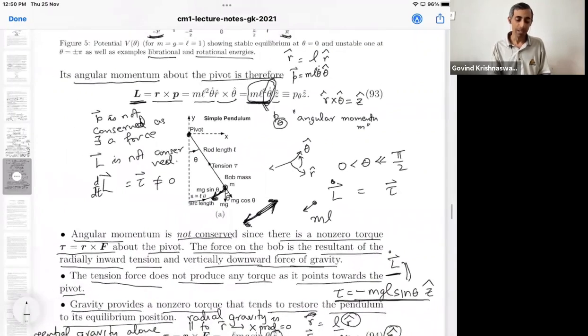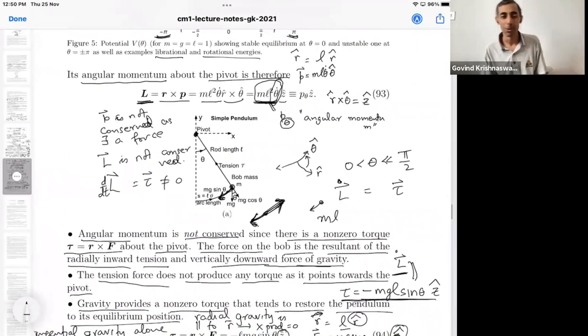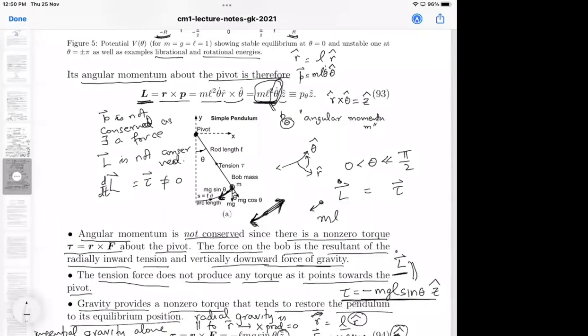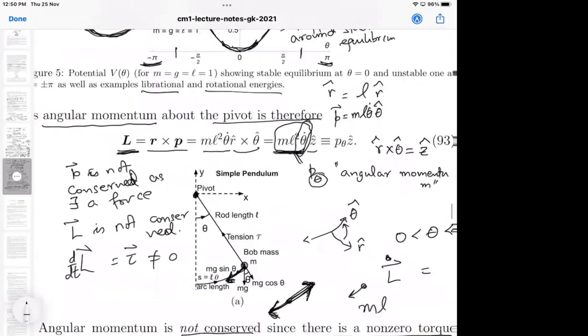Tell me, is there something I should still try to resolve for you? Just a question about the ml square theta dot equation over there. Should we be putting a minus sign there, to match the intuition that when it's going down, it's speeding up, and so the change in angular momentum should be positive?